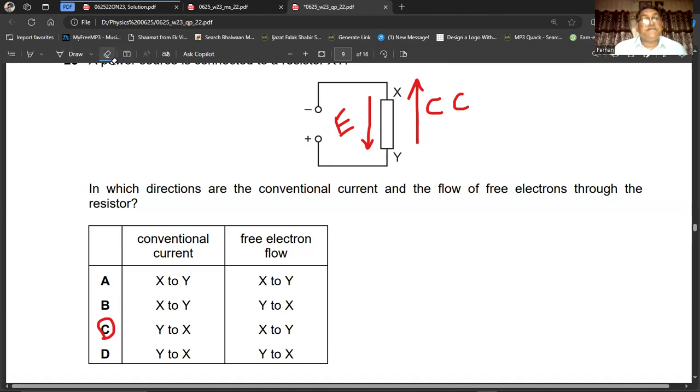Anyway, I'm not able to delete it. This is wrong, sir. This is not the option. The conventional current is going from positive to negative, so it's going from Y to X. So D is the right option.